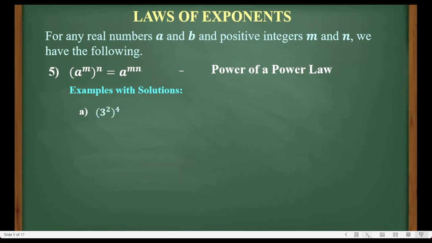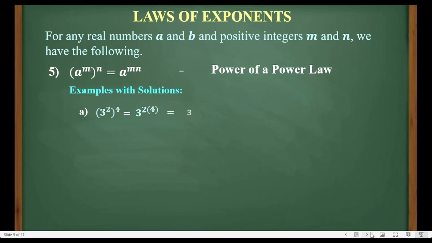Letter A, suppose we have to evaluate or simplify 3 squared raised to the fourth power. And this is what you're going to do. We have 3 squared multiplied by 4. It means the inner exponent is to be multiplied by the outer exponent.